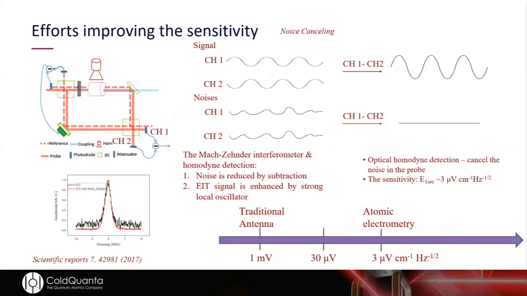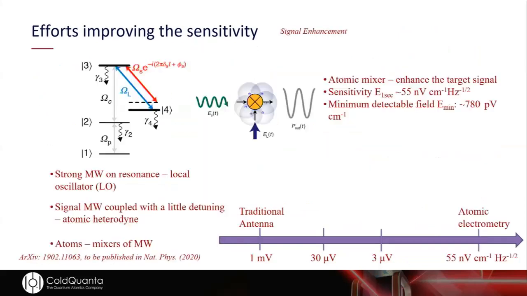For example, using this Mach-Zehnder interferometer, or this atomic mixer to cancel the noise. Or this noise could also be monitored with this method. Actually, with the atomic mixer, we can measure the phase between these two microwaves. So yeah, this will be quite a noise-rejecting method.